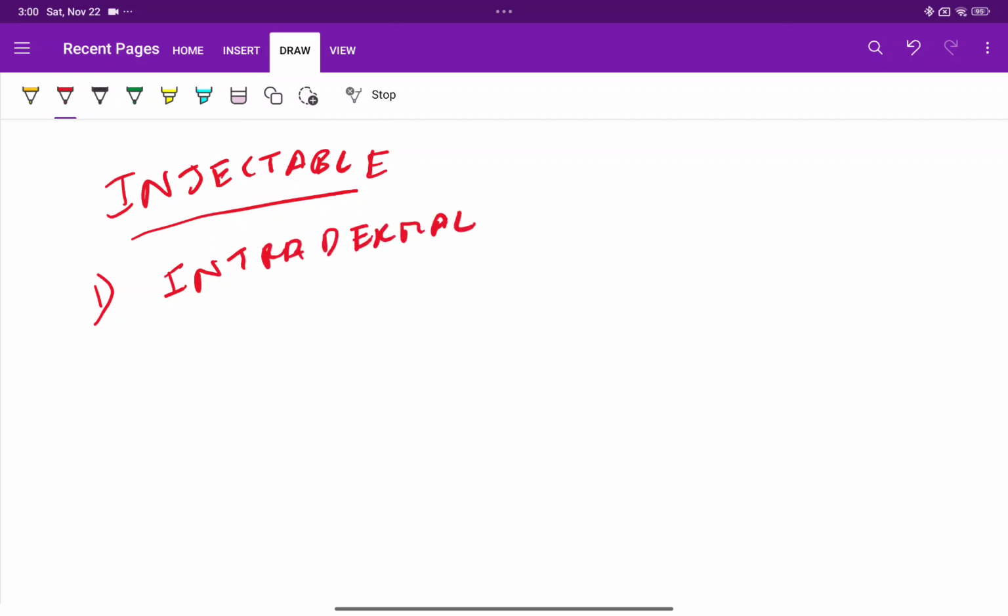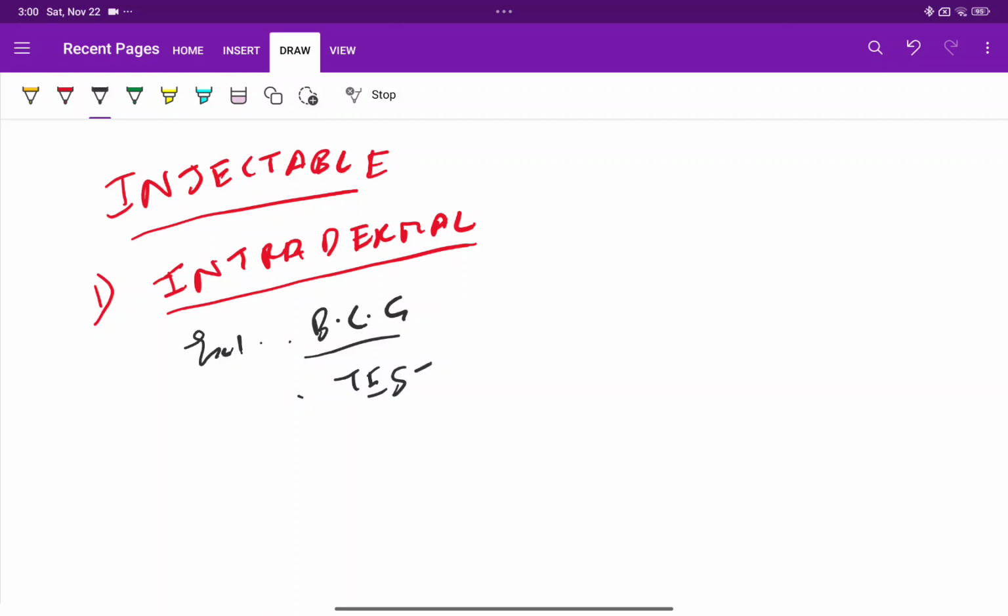Now let us learn about each type of injection. Intradermal route of injection. A common example is BCG. BCG injection is given in the newborn baby, given intradermally. Then one more common example is the drug test dose, test dose for IV antibiotics.